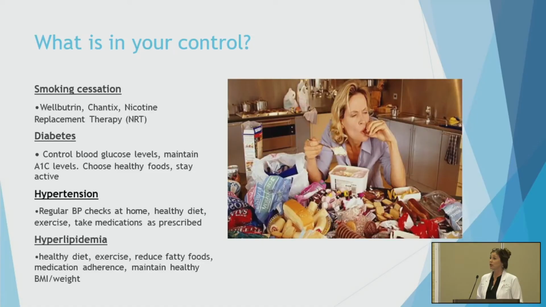Diabetes. Patients control blood glucose levels, maintain A1C levels, and choose healthy foods and stay active. All of those things seem very easy, but I know that, in reality, it's difficult. But a patient of mine a few weeks ago, type 2 diabetic, had significant lower extremity peripheral artery disease, and I asked him, do you know what your last A1C was?